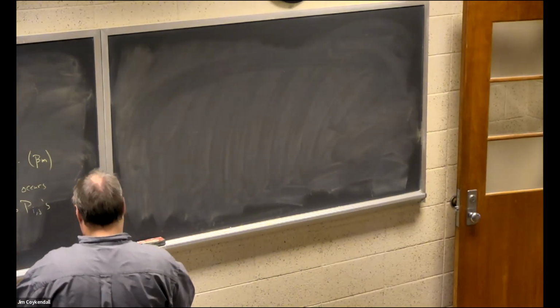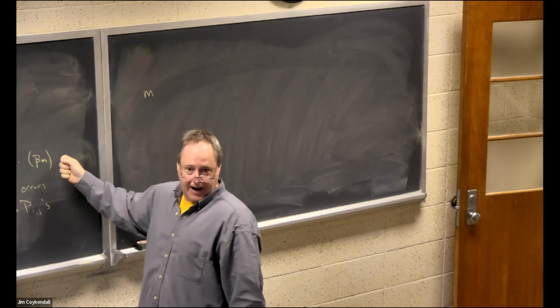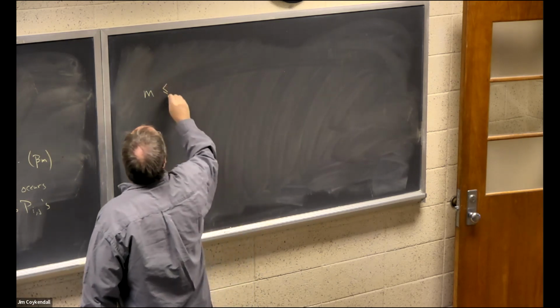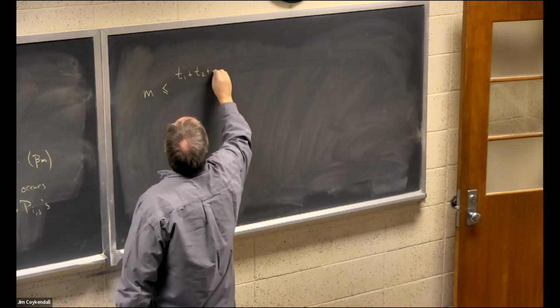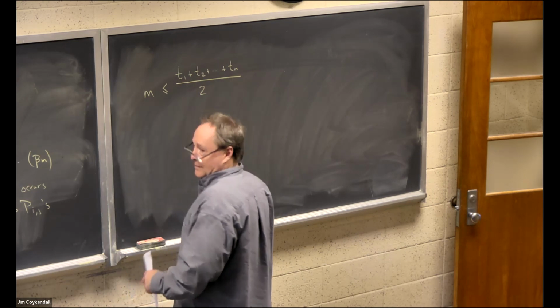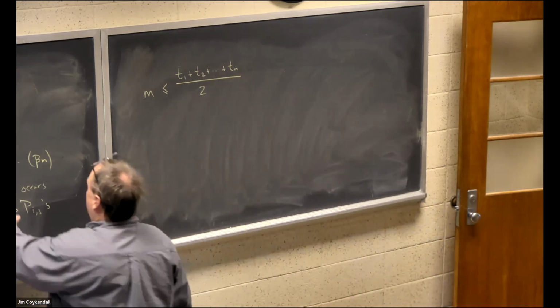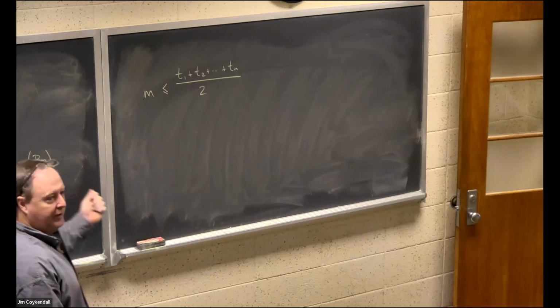So, M, that is the number of factors that I can make over here, is less than or equal to T1 plus T2 plus Tn over 2. So the number of factors that I can create over here is the total number of these primes divided by 2.